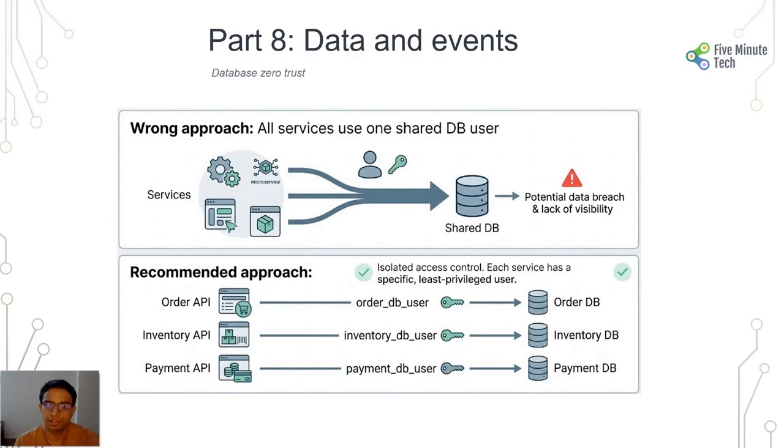Inventory API should not use superuser credentials, and a shared application database account creates a larger impact radius and affects our auditability. Use separate database users, separate schemas and databases, least privilege grants, encrypted connections and secret rotation, and migrations owned by each service.